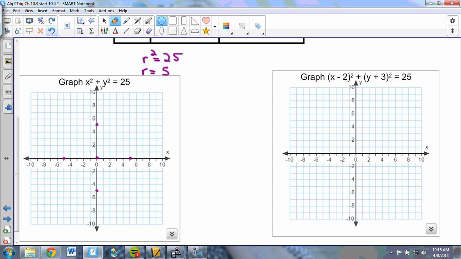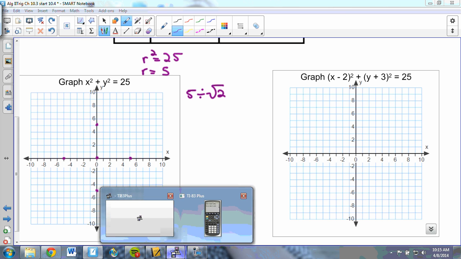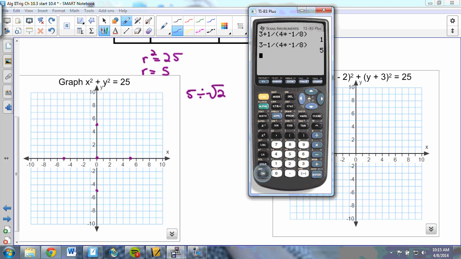Let me show you a little trick that I came up with a few years ago that I'm real proud of. If I take my radius and divide it by the square root of 2, 5 divided by the square root of 2 gives me 3.53.